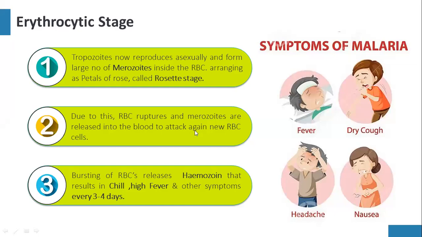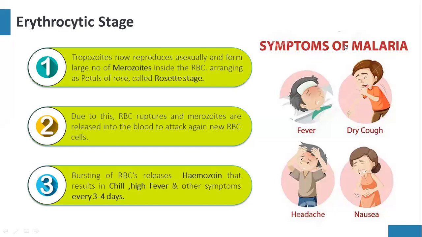Okay. So here the bursting of RBC releases hemozoin that results in chilling, high fever to the human being every 3 to 4 days. So I have shown the symptoms of malaria. What are the symptoms of malaria? The person will feel very cold, chilling, associated with very, very high fever.